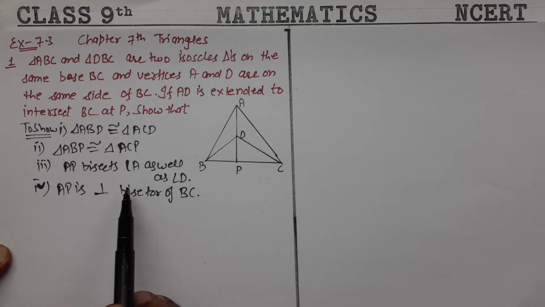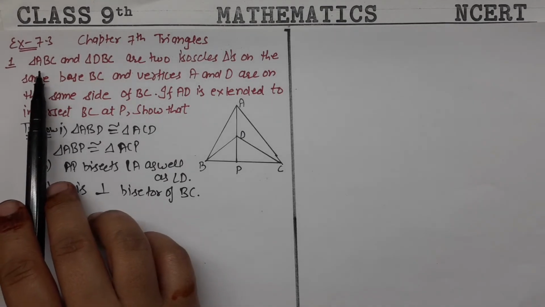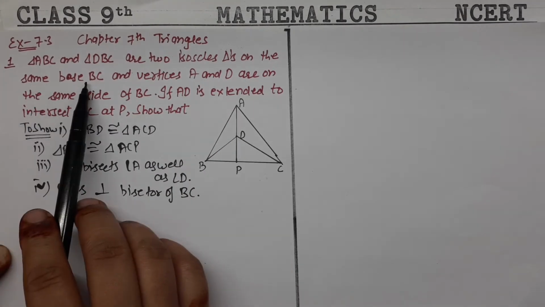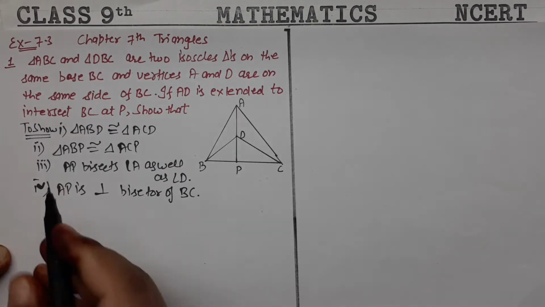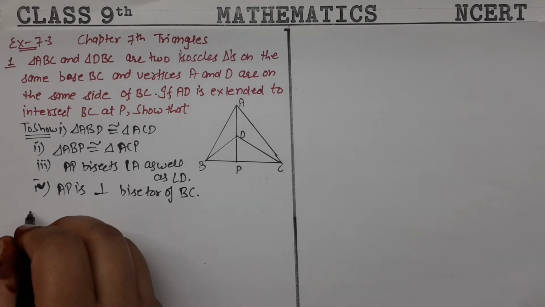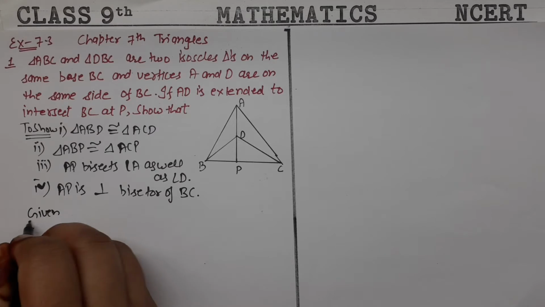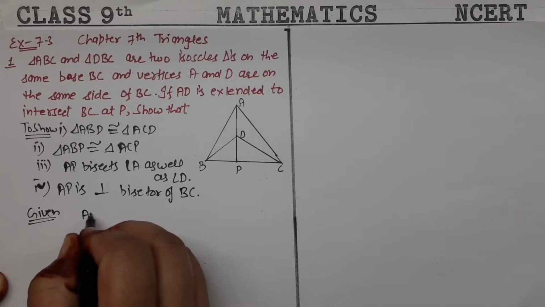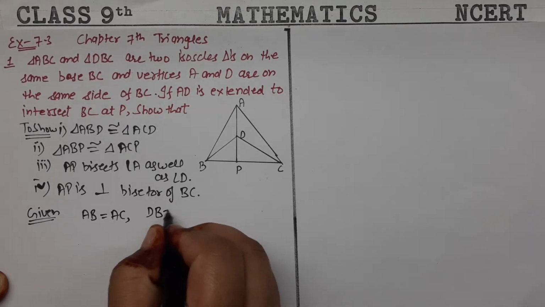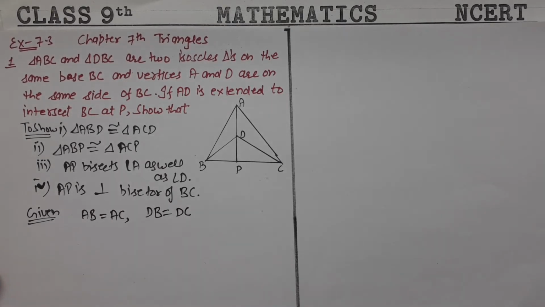To show, in given we will write: triangle ABC and DBC are two isosceles triangles on the same base BC, AB equals AC, DB equals DC.